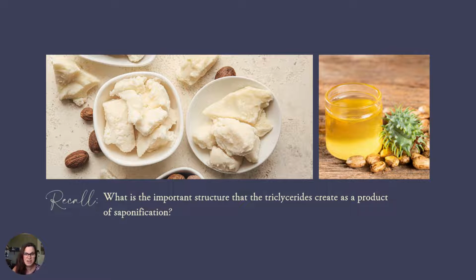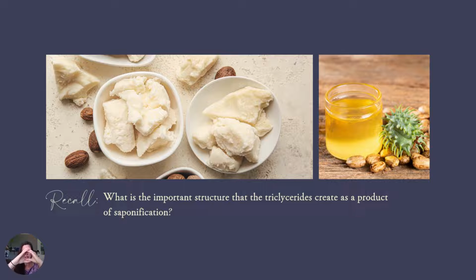We're also going to recall that important structure that these triglycerides create as a product of saponification. If you remember, we talked about how these fatty acids form this circle.